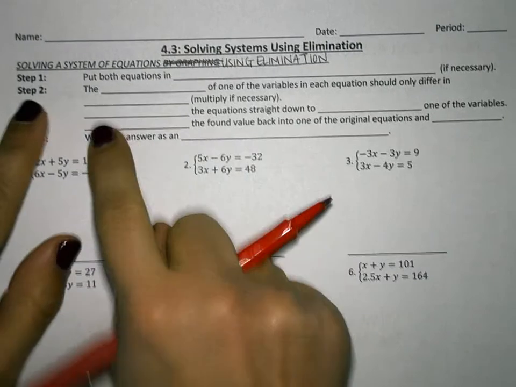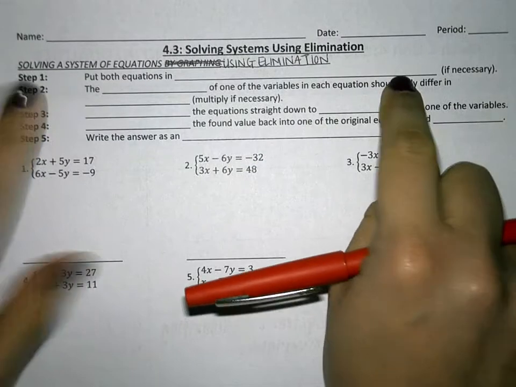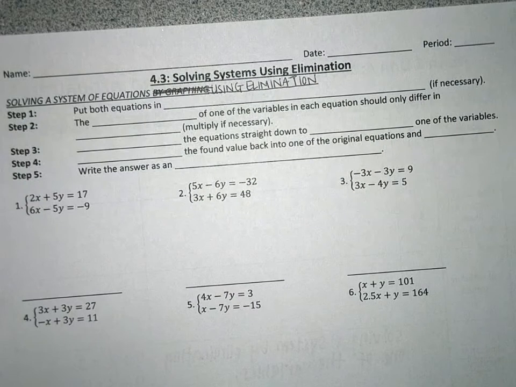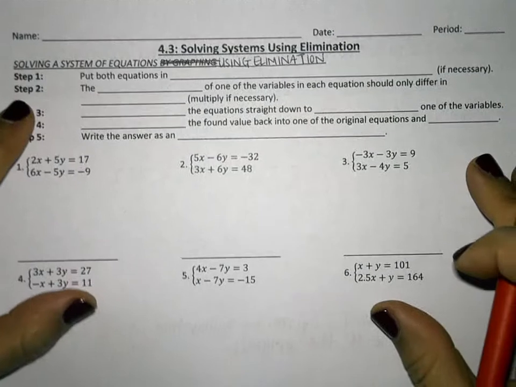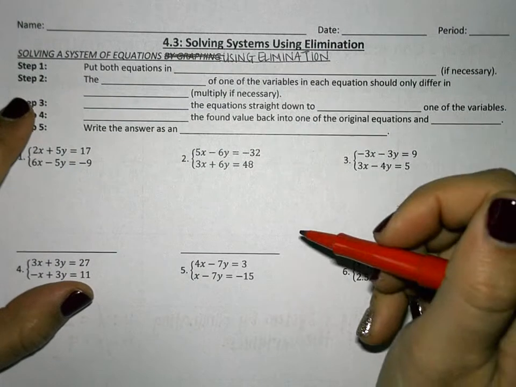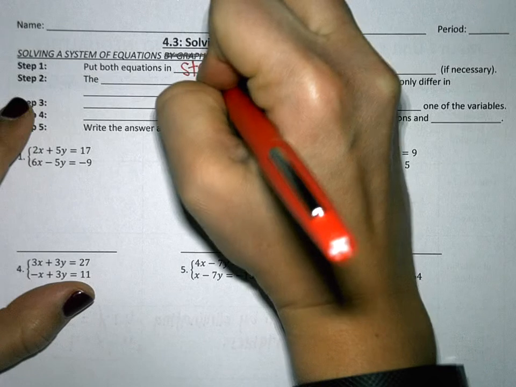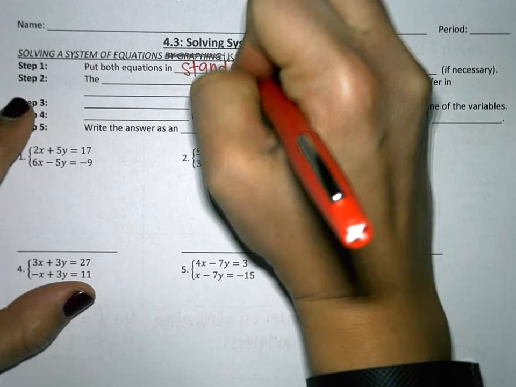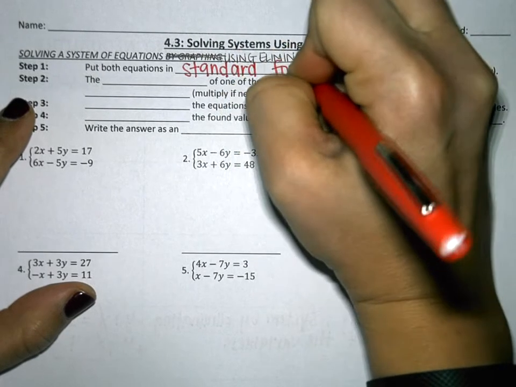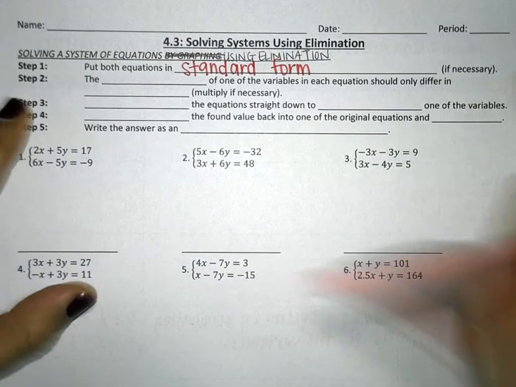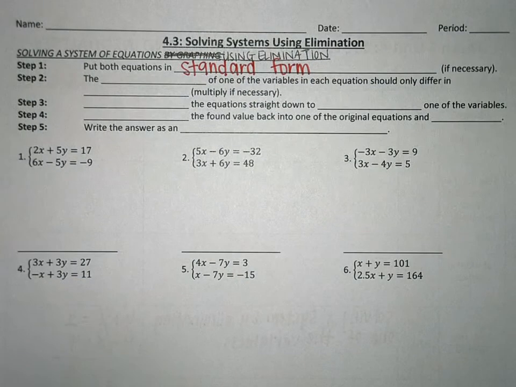So the first thing about using elimination is we want the x and the y to be on the same side of the equal sign. So that means we actually want to make sure that the equations are in standard form, if necessary, so if it's not already in standard form.